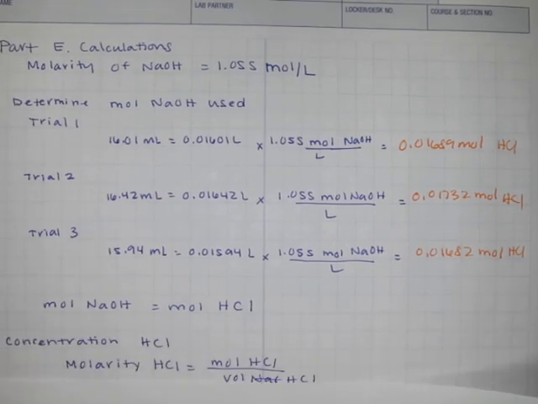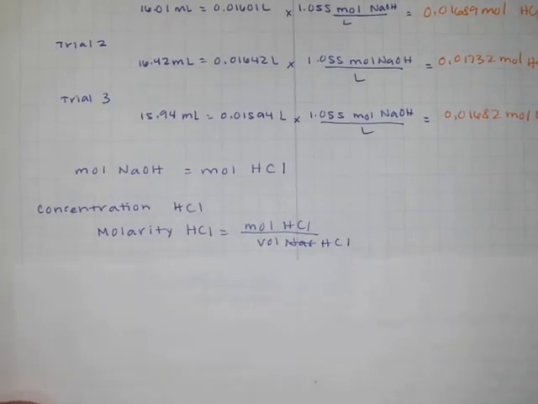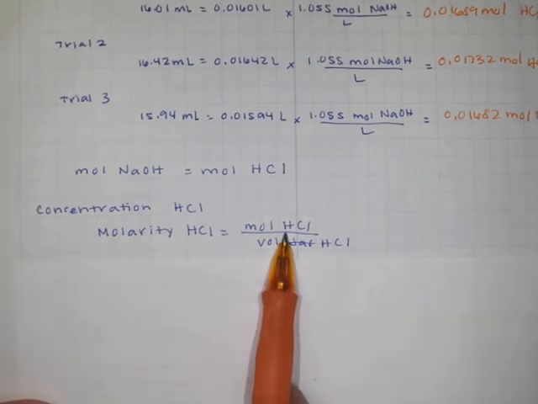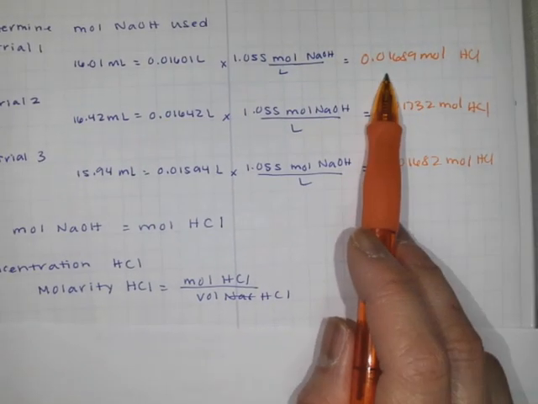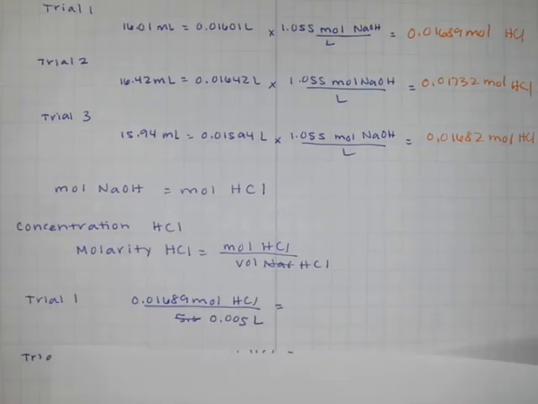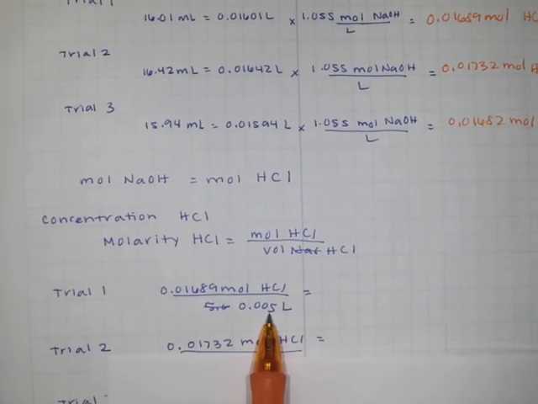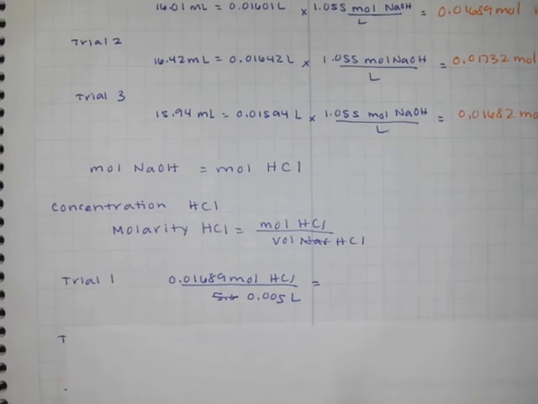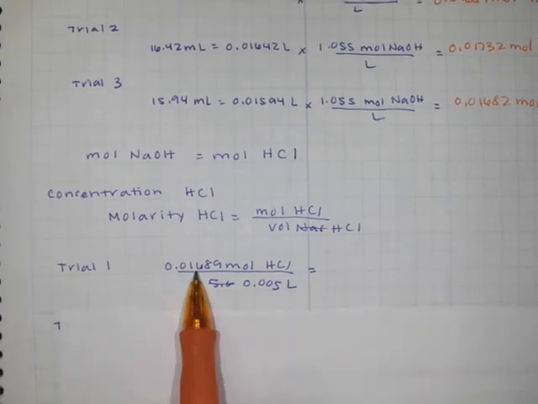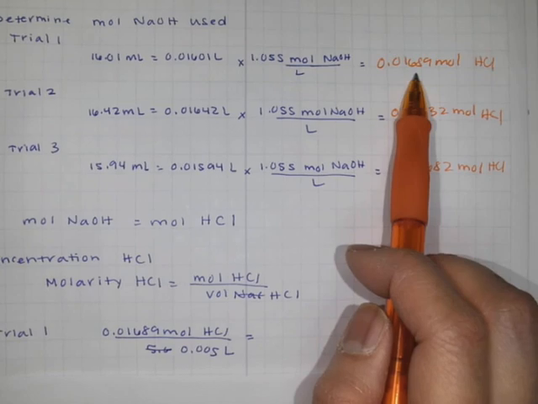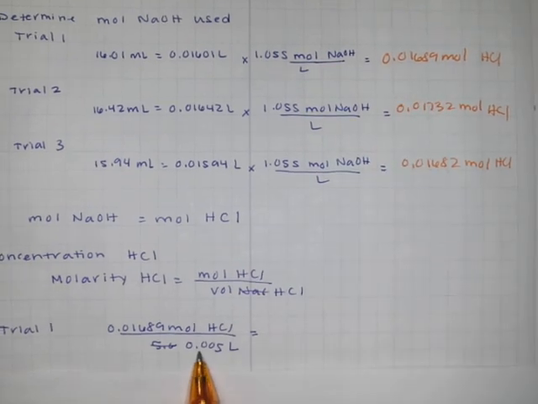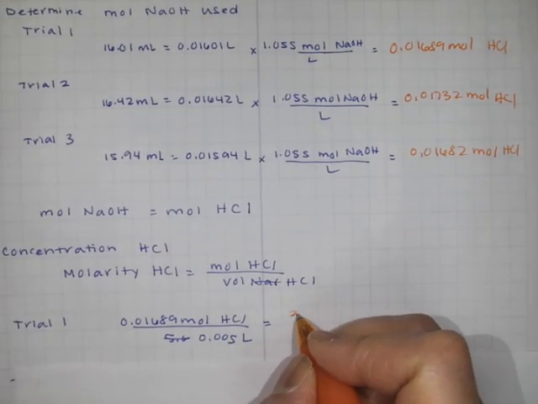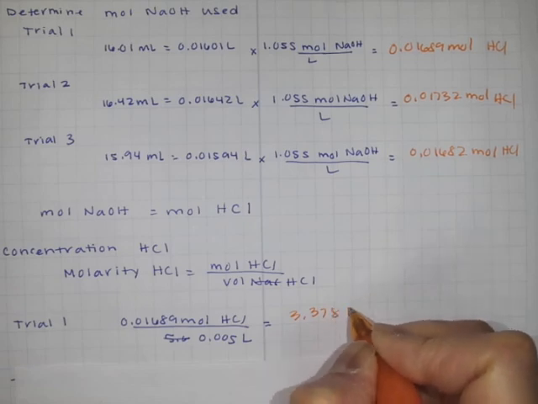To get the concentration of HCl, the molarity of HCl is moles of HCl over volume. We titrated 5 milliliters, which is 0.005 liters. You take the 16.89 millimoles from up here divided by 0.005 to get 3.378 molar.